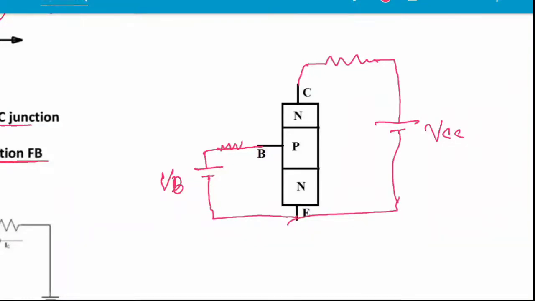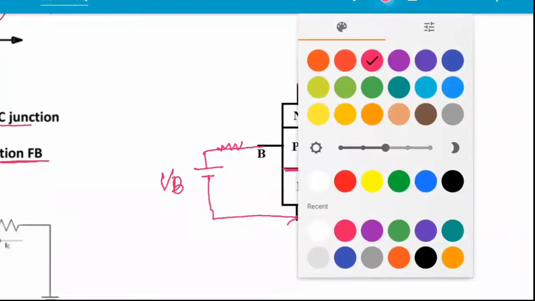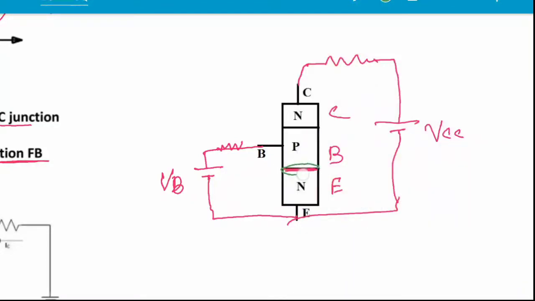So here, this is the PN junction: this is base, this is emitter, and this is collector. This junction is forward biased because the positive terminal is connected to P and the negative terminal is connected to N.